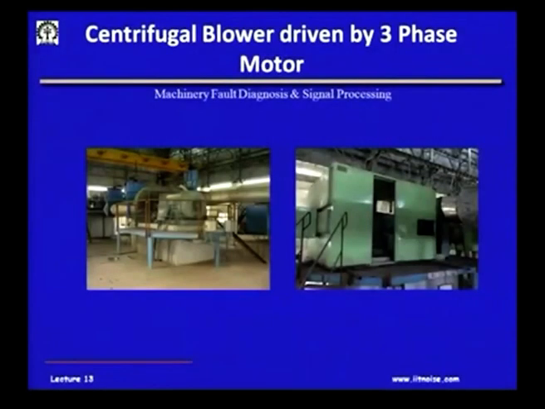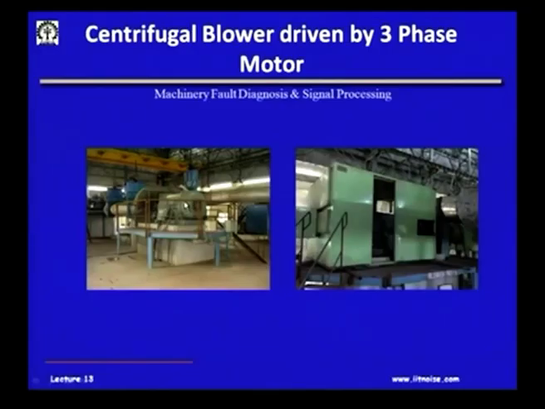Now, I will give you another example here, as you must have all realized. This is from a plant very close to Kharagpur, wherein this is an electrical motor. It's a 3-phase electrical motor, and then there is a blower. Basically, they take in air from the atmosphere, and there is a series of blowers in this blower house.